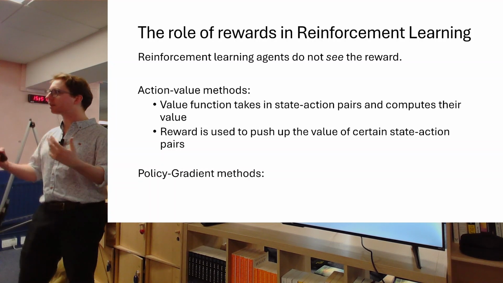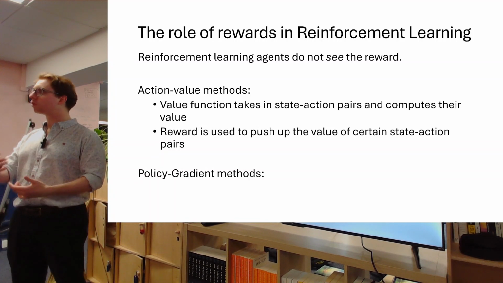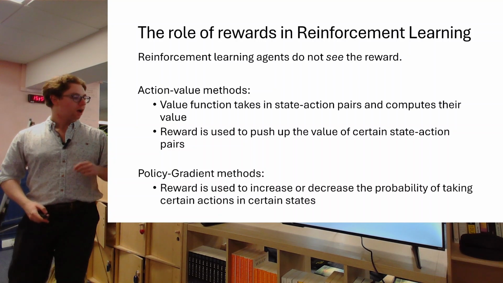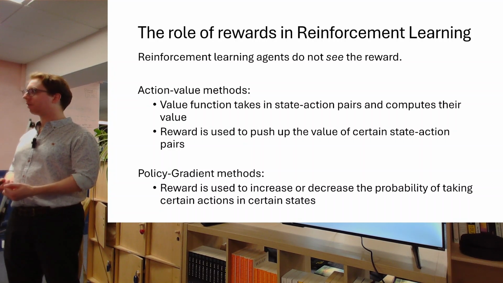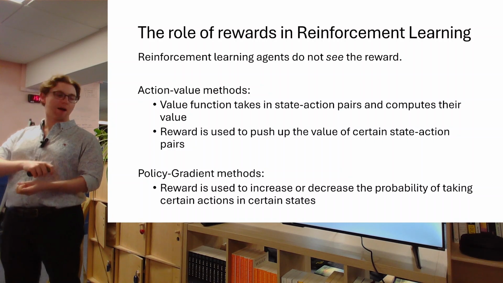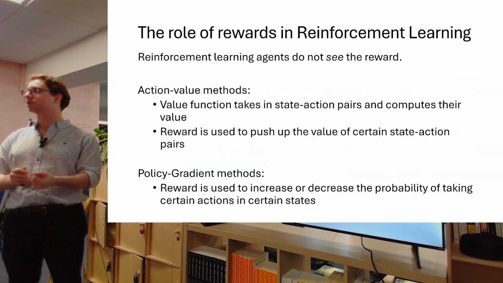In a policy gradient method, again, you're just feeding in the states, right? You're not actually feeding the reward to the policy that you're learning. And so the way the reward works within the algorithm is to get the policy to fit or unfit from certain actions in certain states.